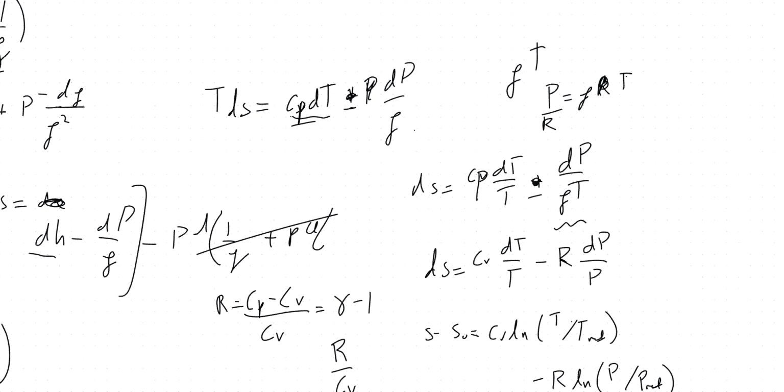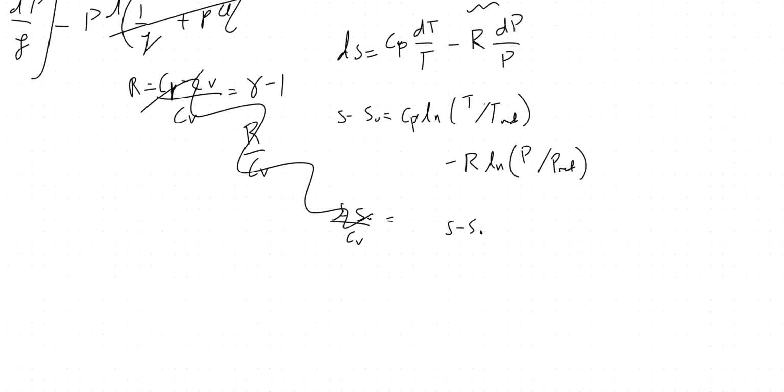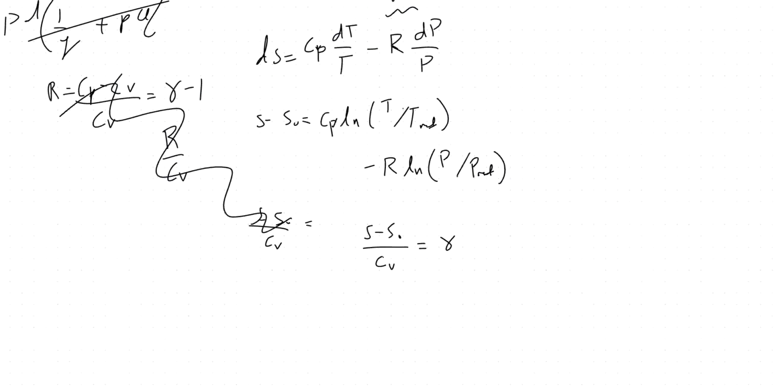S minus SO divided by CV. So this equals alpha, which equals, we just follow the ln. And then we can move this alpha to here, inside over here, and get divided by P over P ref by, what is this?